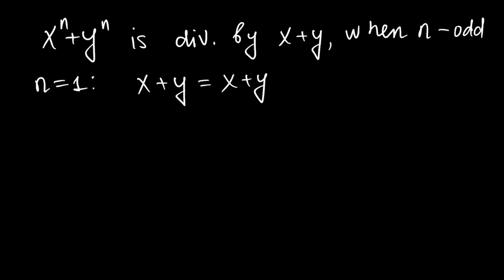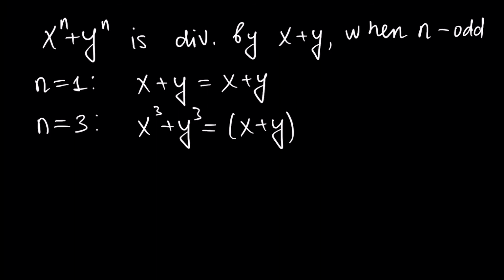Next, odd number n is equal to 3. So we have x to the power 3 plus y to the power 3 is equal to x plus y times another polynomial, which is written as x to the power 2.